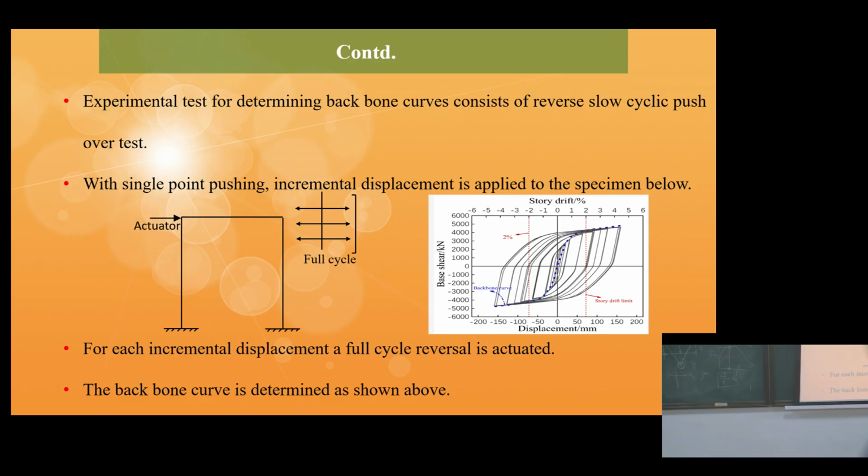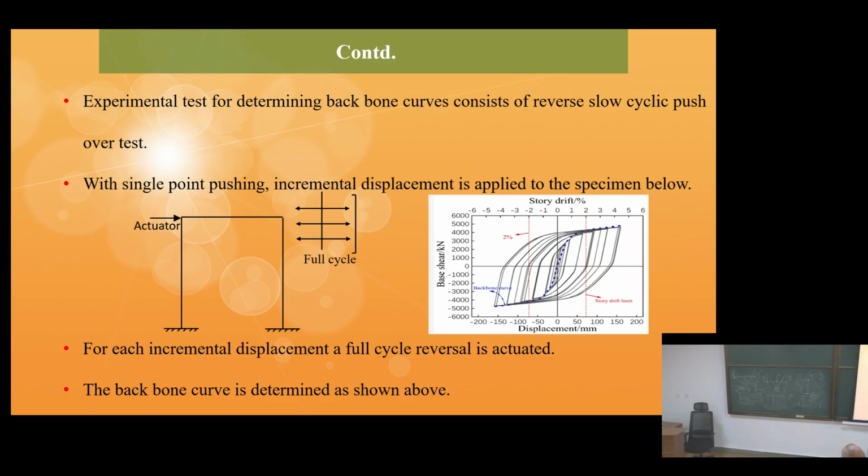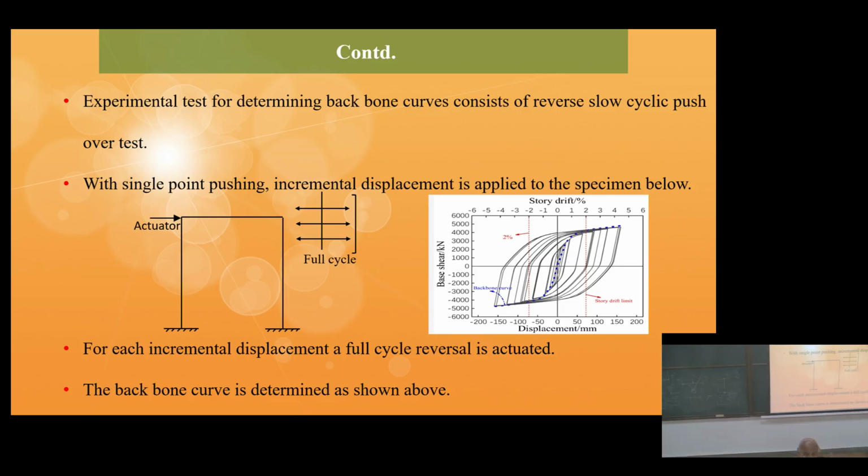That is the backbone curve. Okay, so this is the experimental determination, and I have talked about the backbone curve. So an essential ingredient of your pushover analysis is the backbone curve.